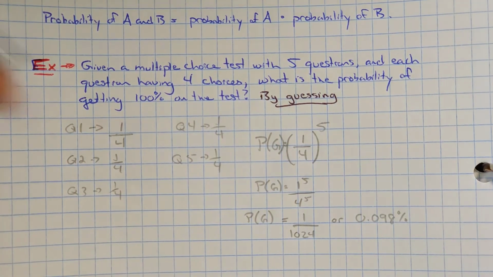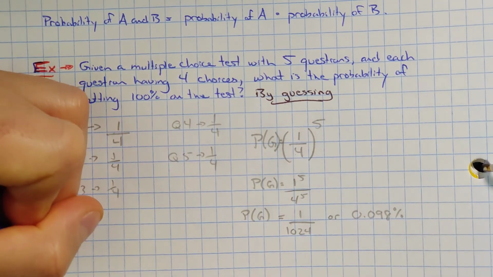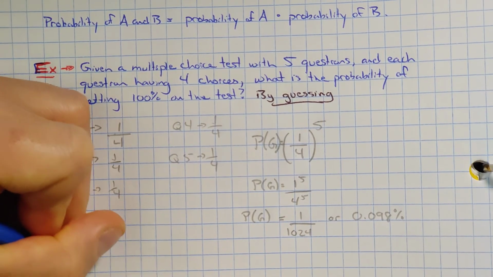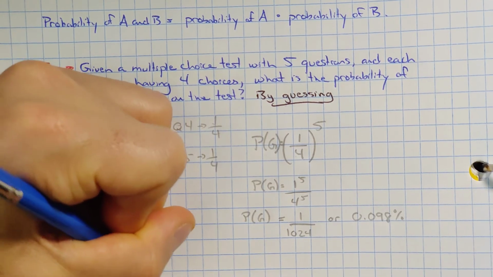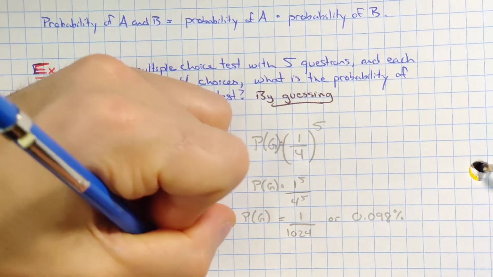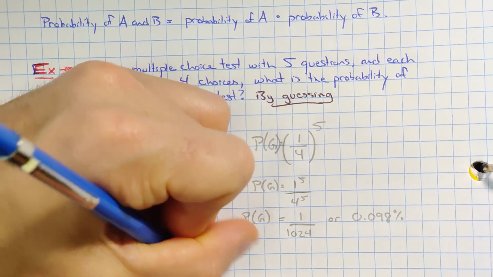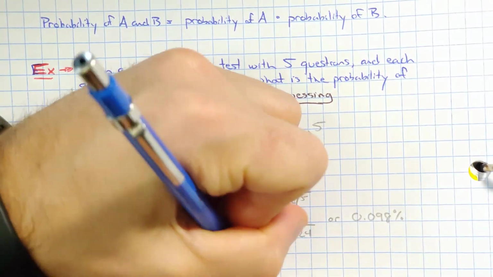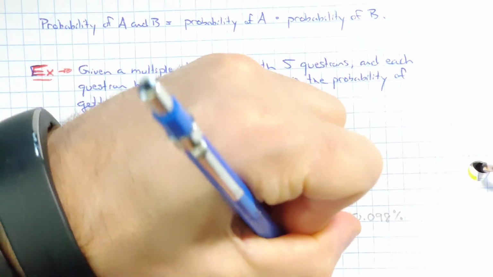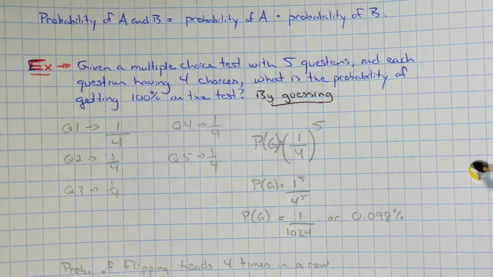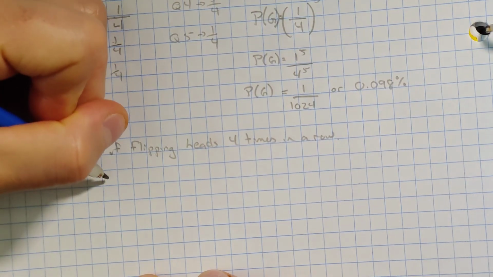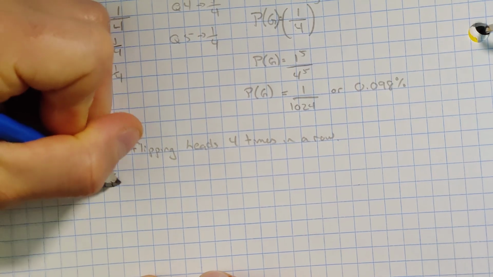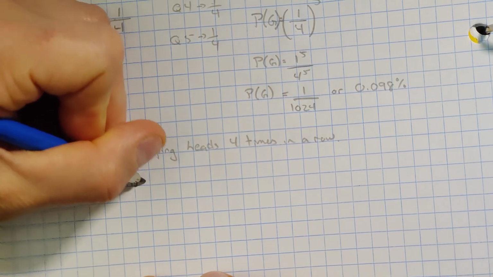So if we wanted to do the same thing, we'll do a really quick one here. Probability of flipping heads 4 times in a row. So we wanted to do that. Same idea. We have the probability of 4 heads.